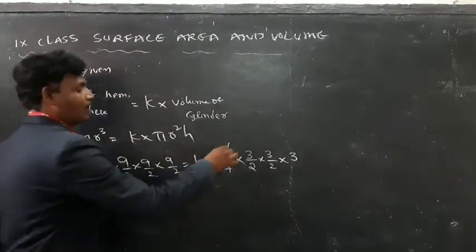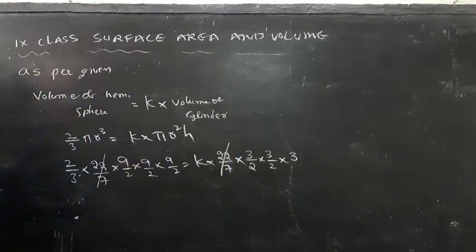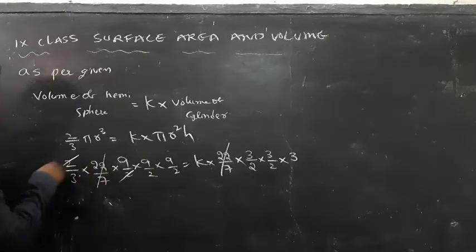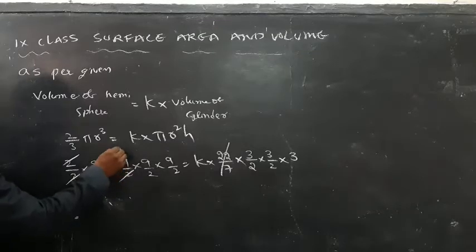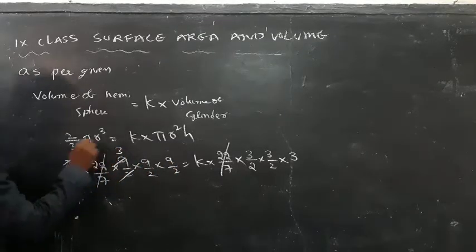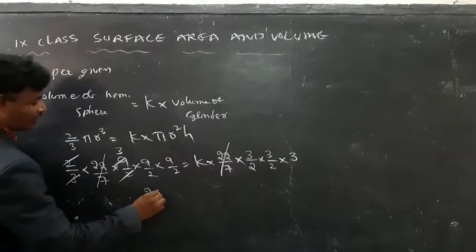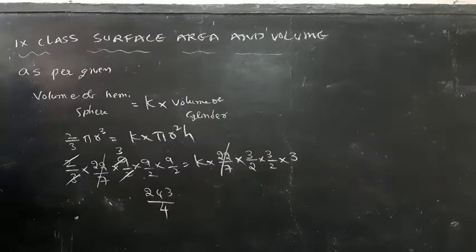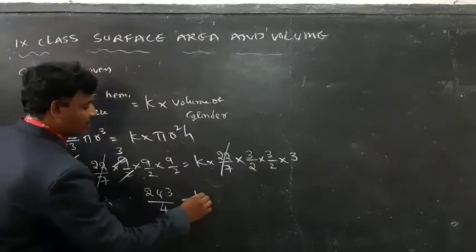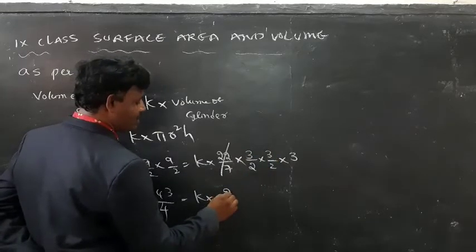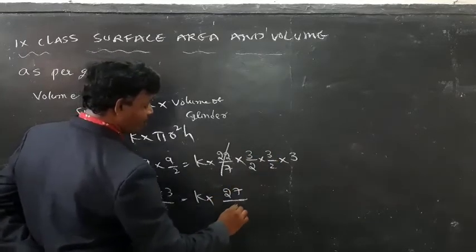22 by 7, 22 by 7 cancel. Then what is the remaining here? 2 into 3. 2 and 2 get cancelled. 3 ones are 3, 3 threes are 9, 9 nines are 81, 81 threes are 243, by 2 twos are 4. Is equal to K into 3 threes are 9, 9 threes are 27, by 2 twos are 4.